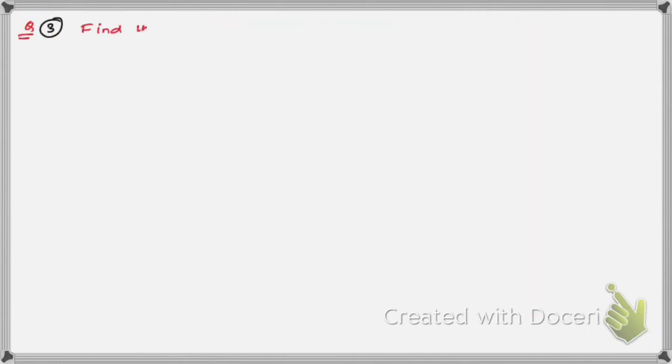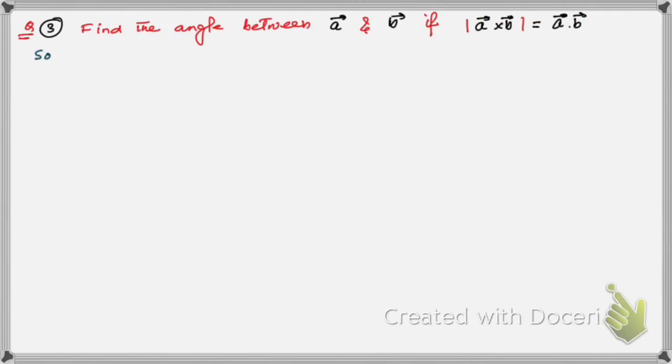Question number 3: find the angle between vector A and vector B if the magnitude of A cross B is equal to A dot B. We know A dot B is a scalar, the dot product of two vectors is a scalar and the cross product is a vector, so here we are taking only the magnitude.